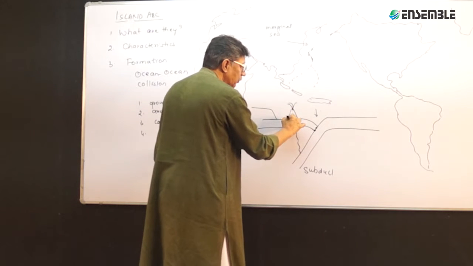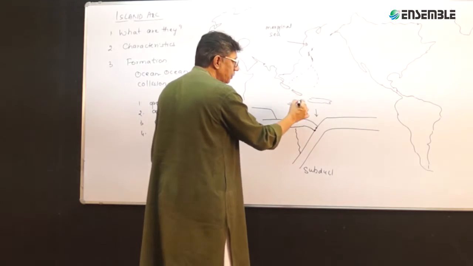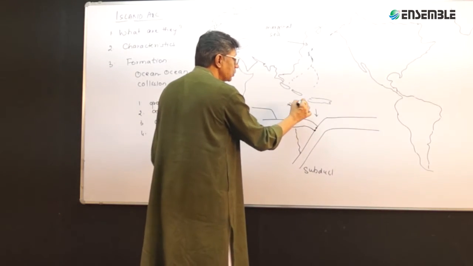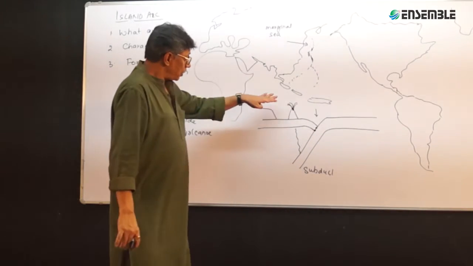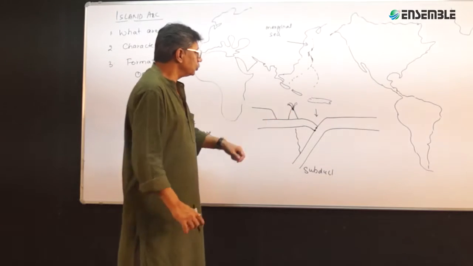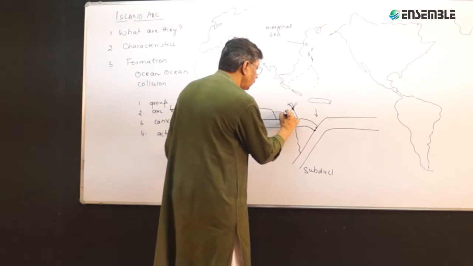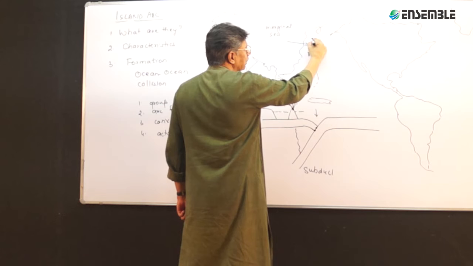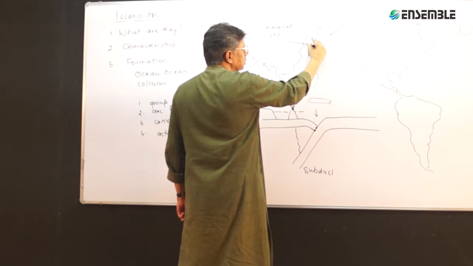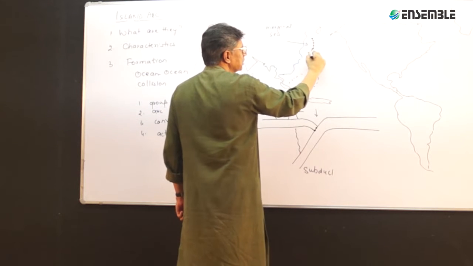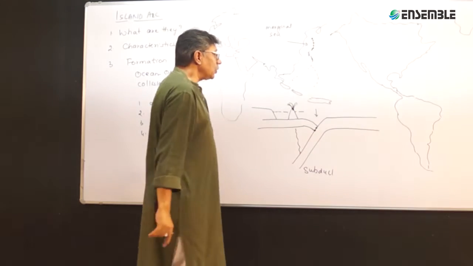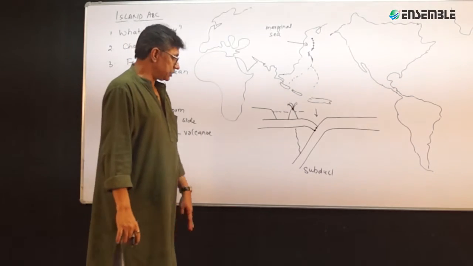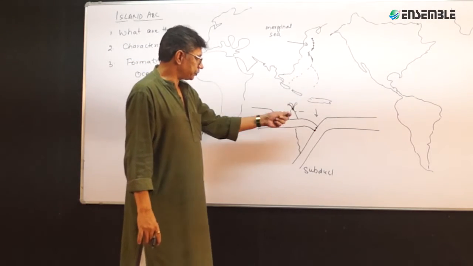When this volcanic activity keeps on piling up, it emerges above the level of water. One emerges, second emerges, third, fourth, fifth, and in this manner thousands of these emerge above the water surface.